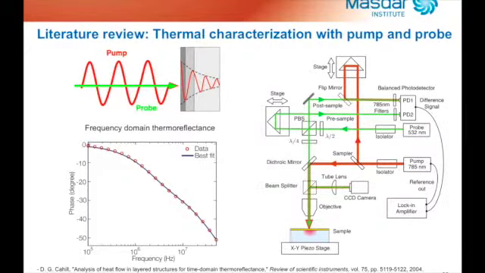Frequency domain thermoreflectance was used before as a technique to locally measure the sample, and our idea was to extend it to a mapping technique, so to a microscopy technique that is able to map thermal properties in 2 dimensions.